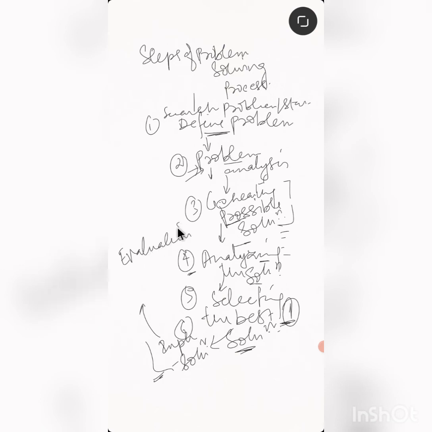With the help of evaluation and revision, of course. So the next and the last step of this problem solving, the seventh step, is evaluation and revision.